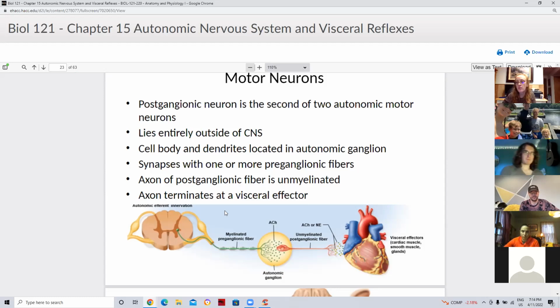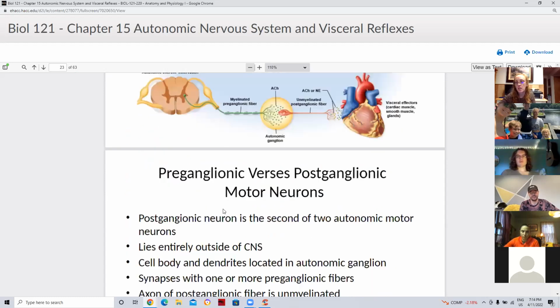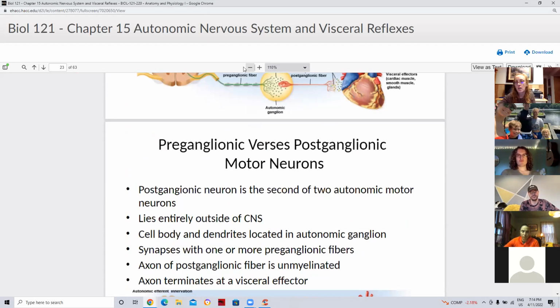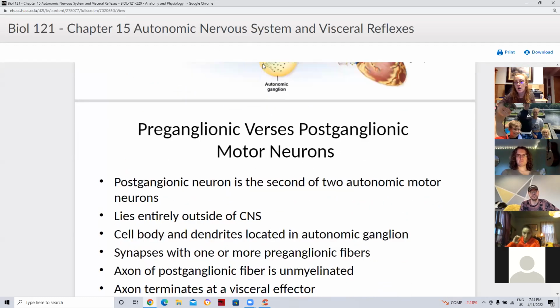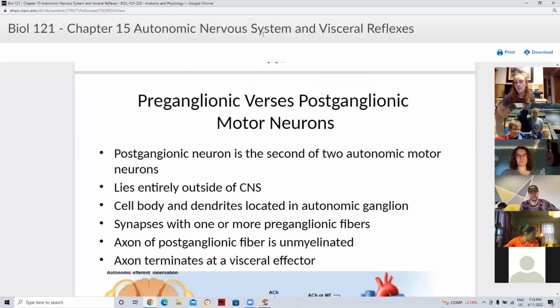You guys, what are the three visceral effectors? What are the three types of visceral effectors in the autonomic nervous system?